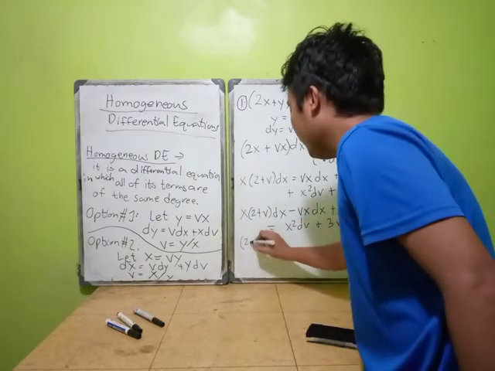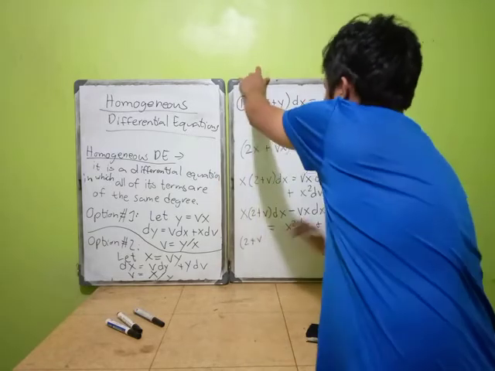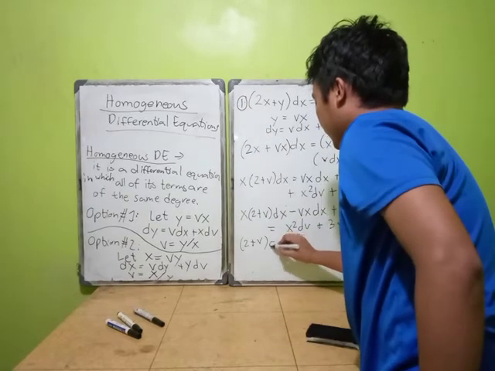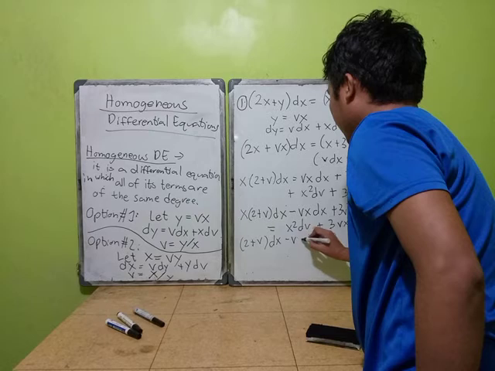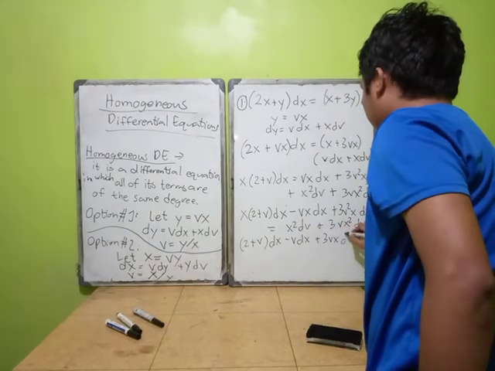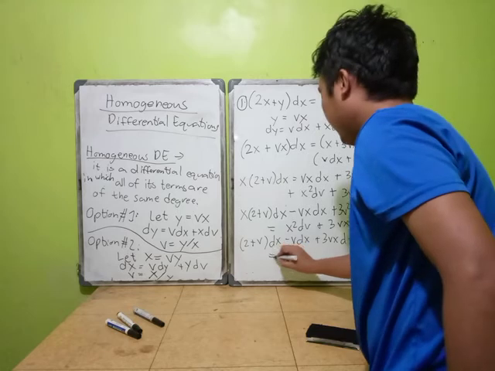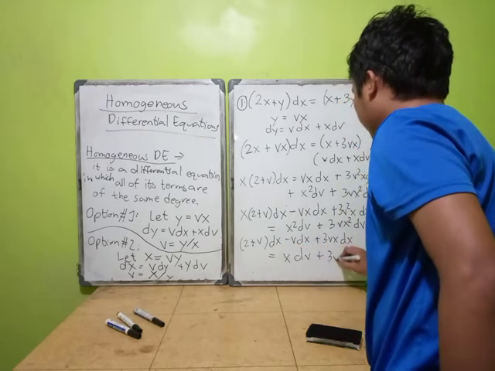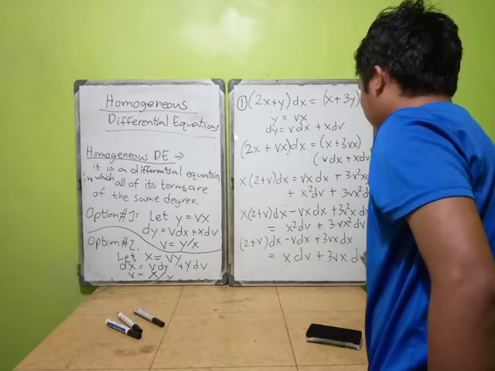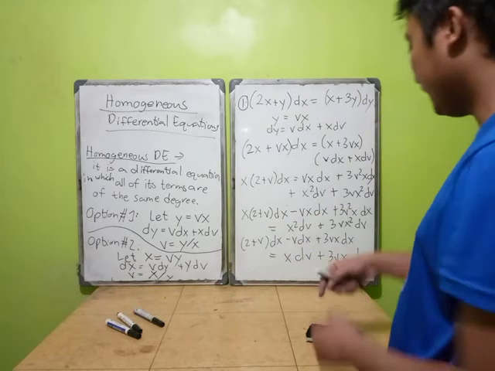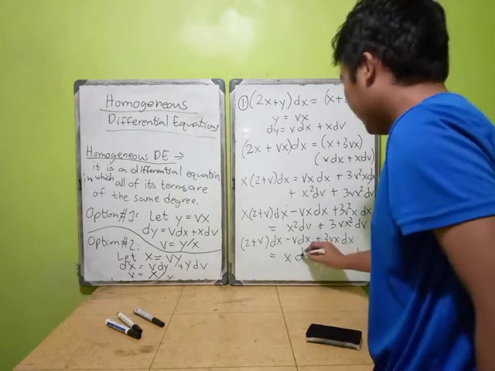So, magiging 2 plus v dx minus v dx plus 3vx dx is equal to x dv plus 3vx dv. Okay? Na-simplify na natin kasi tinanggalan natin ng x yung bawat isa.